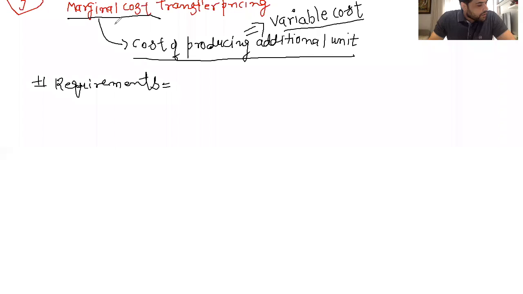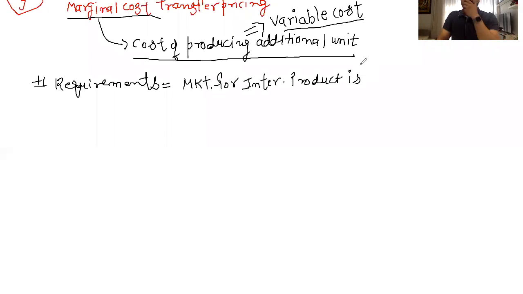So the condition to apply this method is that the market for intermediate product is non-existent. So it means there is no market.